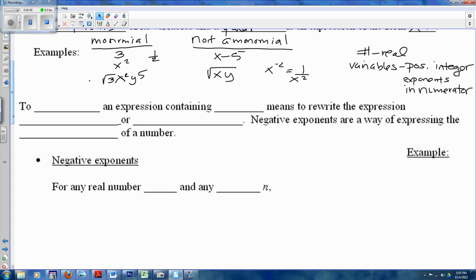All right, to simplify an expression containing powers, when you see this in the directions, it means to rewrite the expression without parentheses.